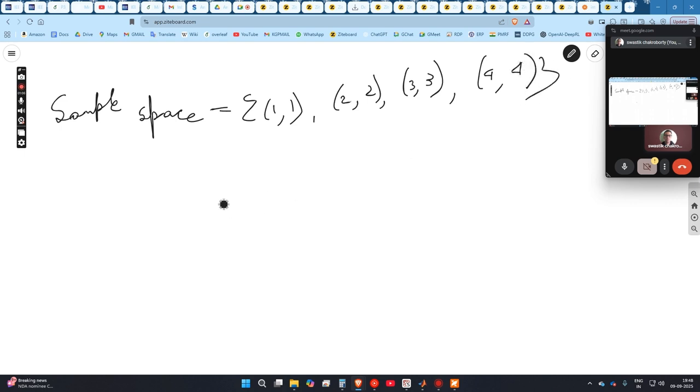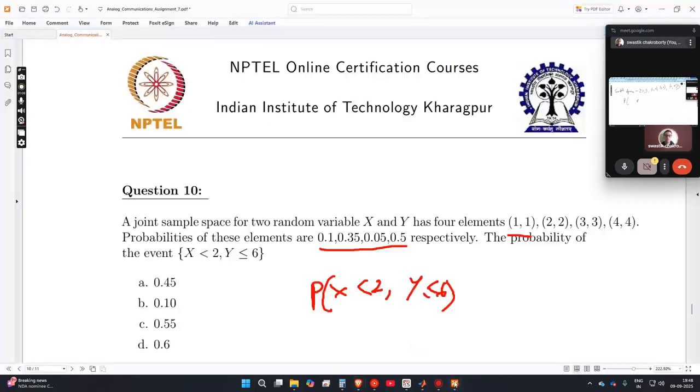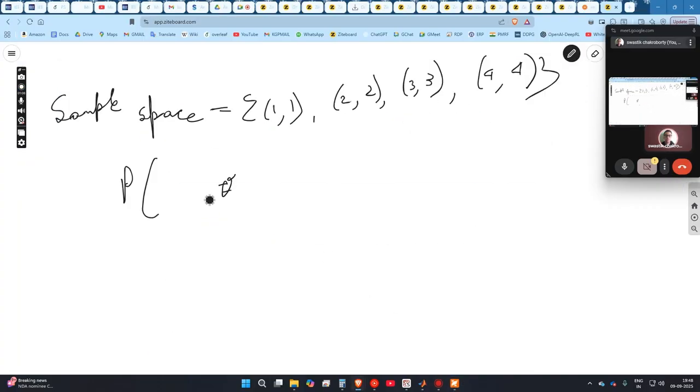So here, if the sample space is (1,1), (2,2), (3,3), (4,4), then what is the probability that x is less than 2 and y is less than or equal to 6?